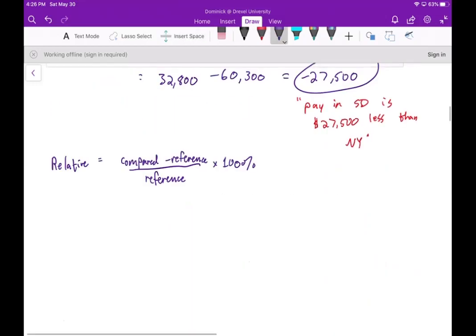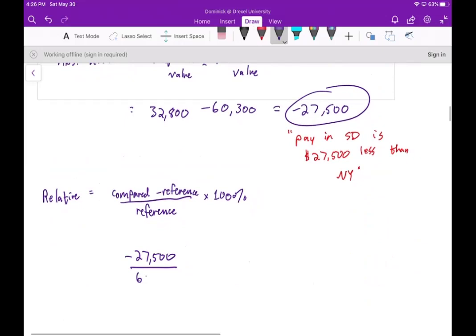So we want to do negative 27,500, since that was our compared minus reference, over our reference times 100%. All right, so let's go ahead and do that. So if we calculate this, divided by 60,300, and we multiply by 100, we're going to get this is a negative 45.605%.